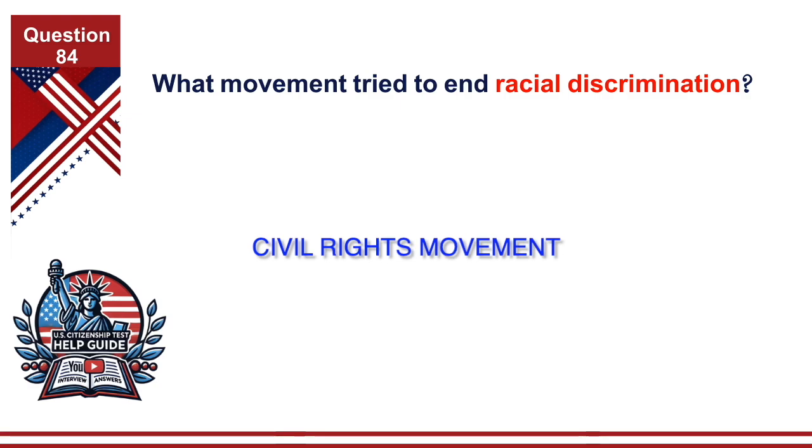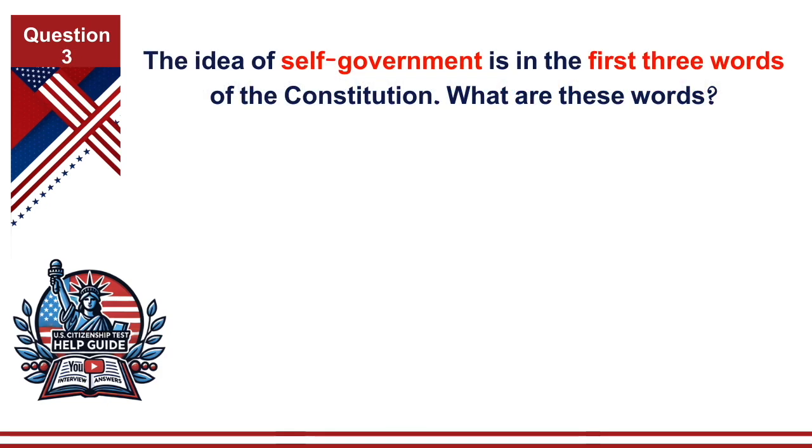Civil rights movement. The idea of self-government is in the first 3 words of the Constitution. What are these words? We the people.